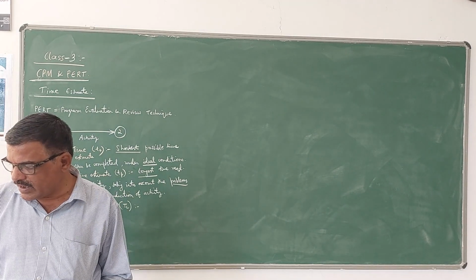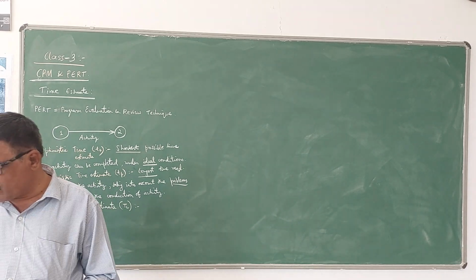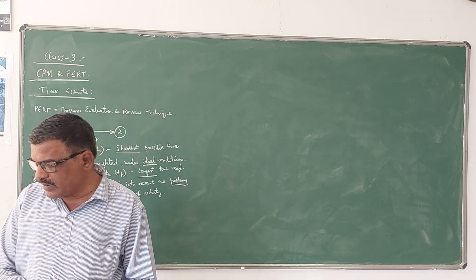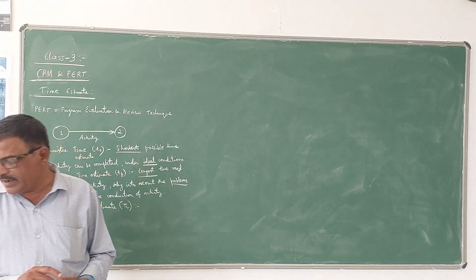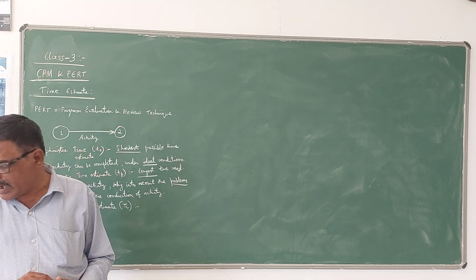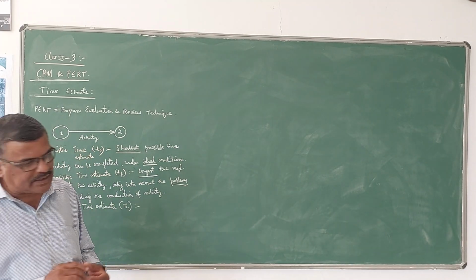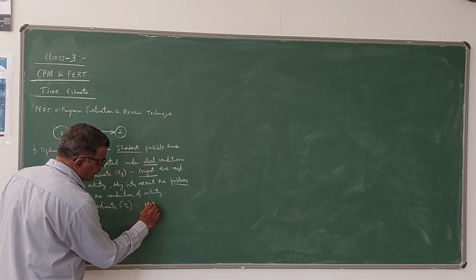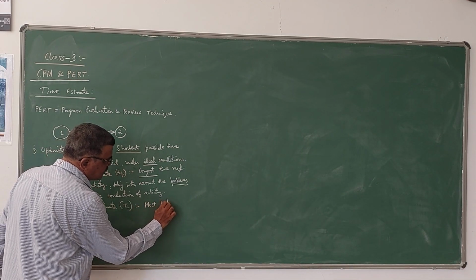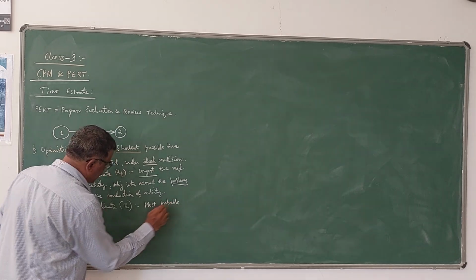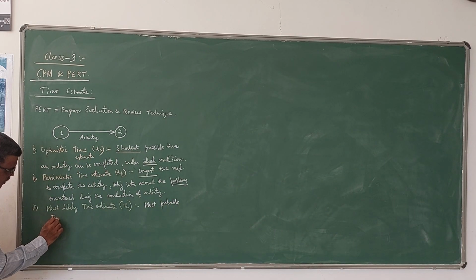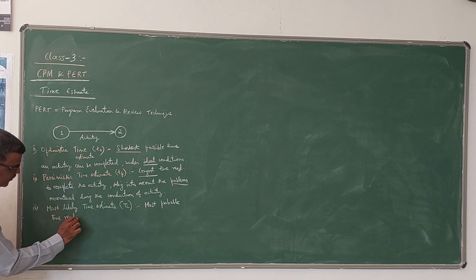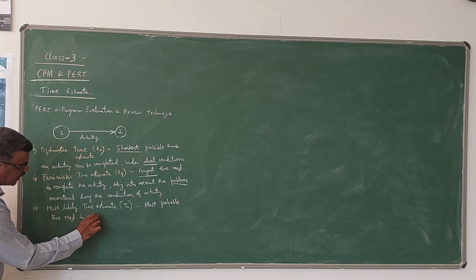This gives an idea of the most probable time in which the activity can be carried out. It lies in between these two values. So, the most probable time required to complete an activity.